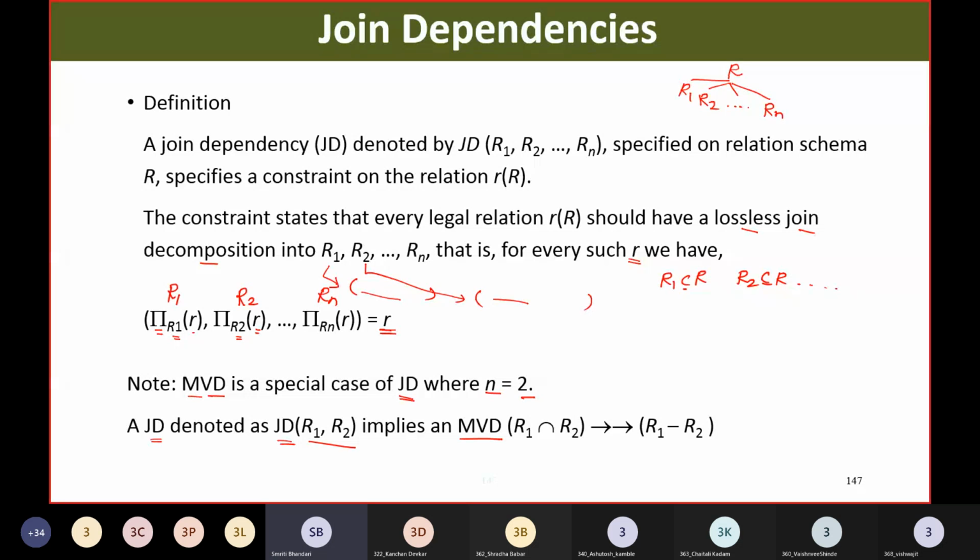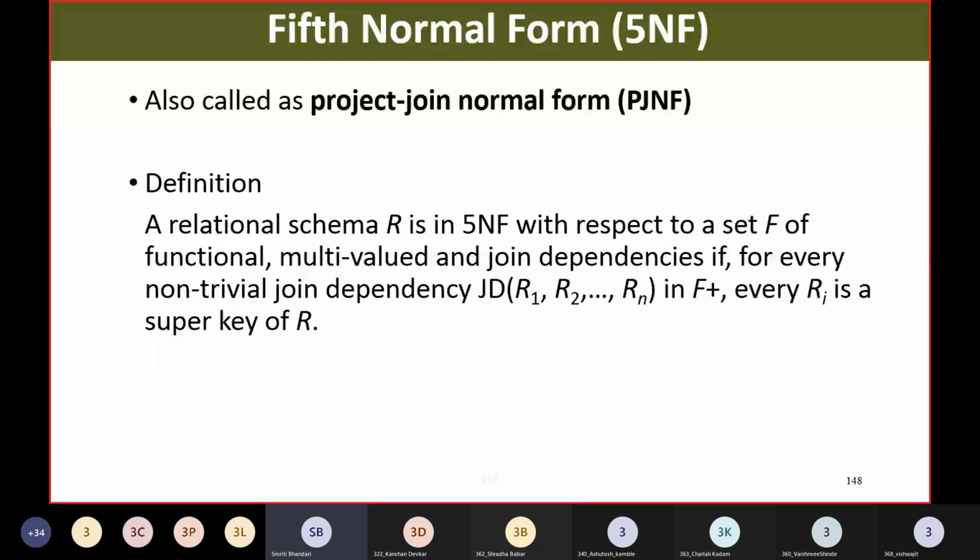Now, based on these join dependencies, we have the fifth normal form, which is also known as PJNF. It is 5NF, or also known as PJNF, Project Join Normal Form. So let us go through the definition of fifth normal form.